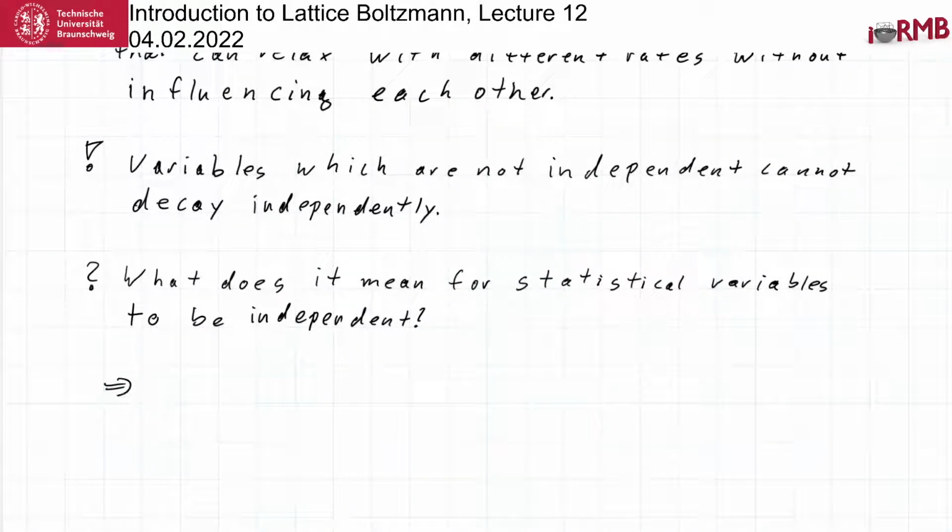Random variables are independent if knowledge of the one does not give knowledge on the other.